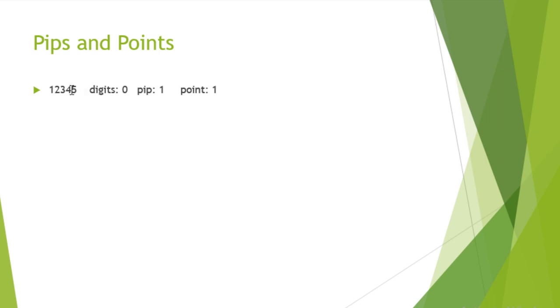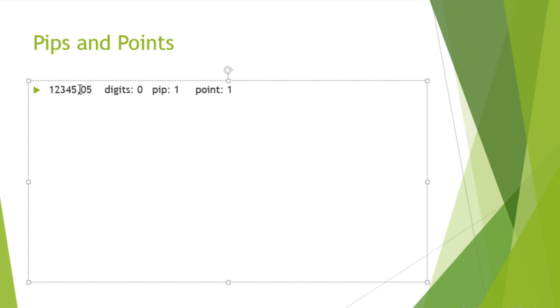So it's a whole number, meaning digits are 0, pip is 1, point is 1 as well. Simply said, what is after the point, after the comma or whatever you call it, is called digit. And in this case, the pip equals the point, all right?